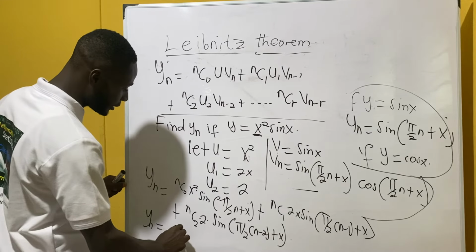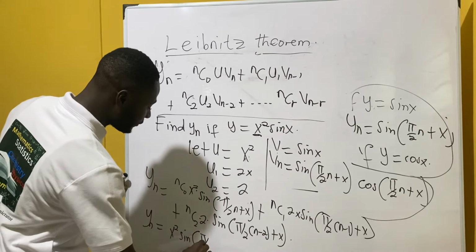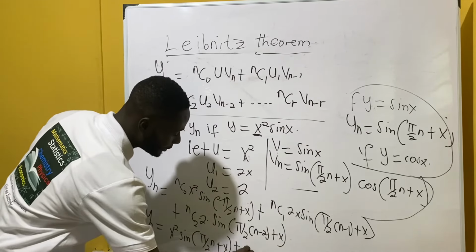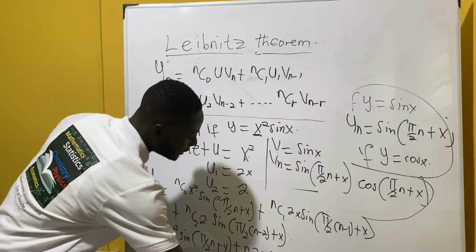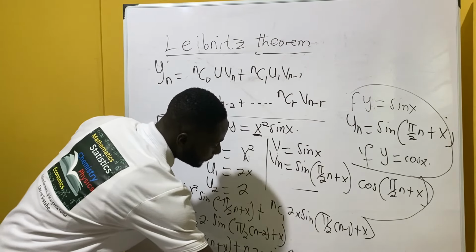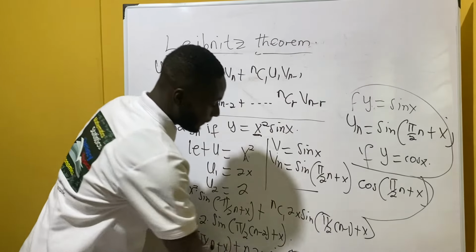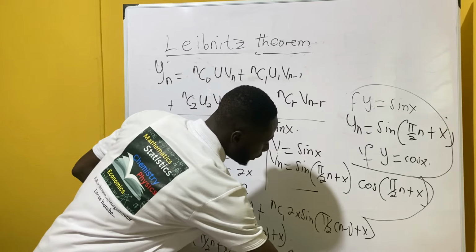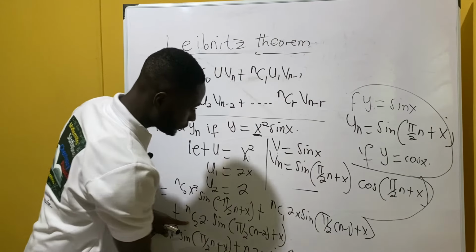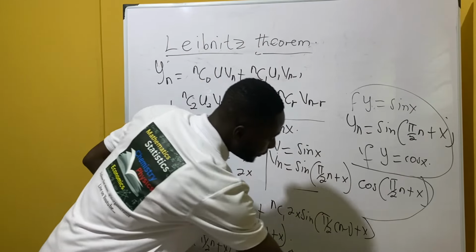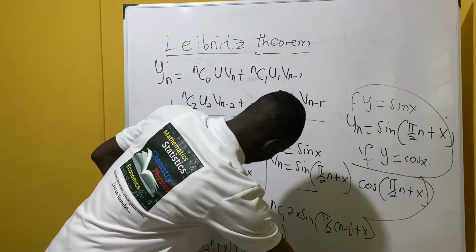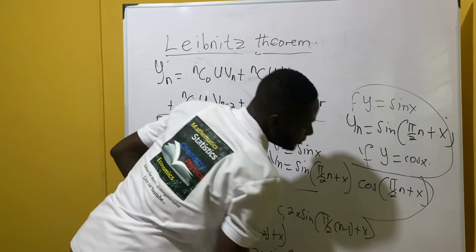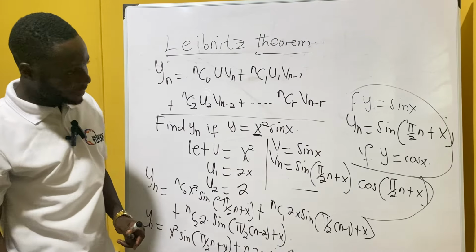So we have x squared sine of pi over 2 n plus x, plus n combination 1, which is n, times 2x sine of pi over 2 (n minus 1) plus x, plus n combination 2, which is n into n minus 1 all over 2, times 2, into sine of pi over 2 (n minus 2) plus x. Very, very simple.